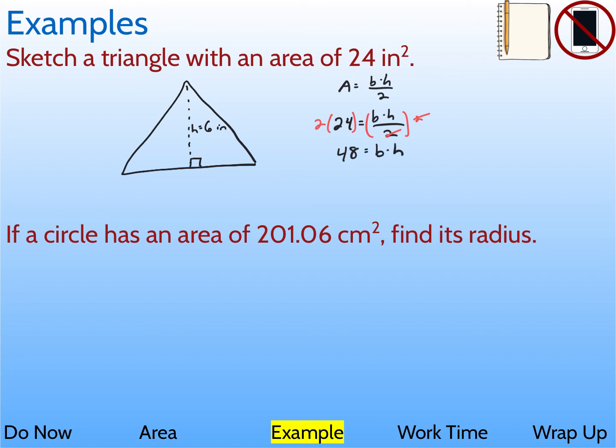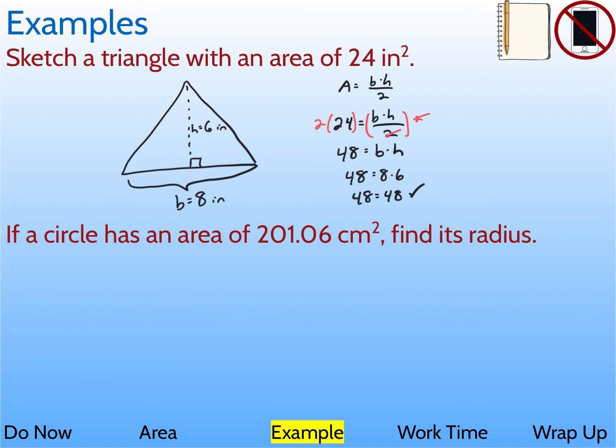Well, I just picked 6 arbitrarily for my height, which means in order to make 48, my base would have to be 8 inches. And if you check it out here, 48, does that equal 8 times 6? Why, heck yes it does. So great, that's a triangle that has an area of 24 square inches.